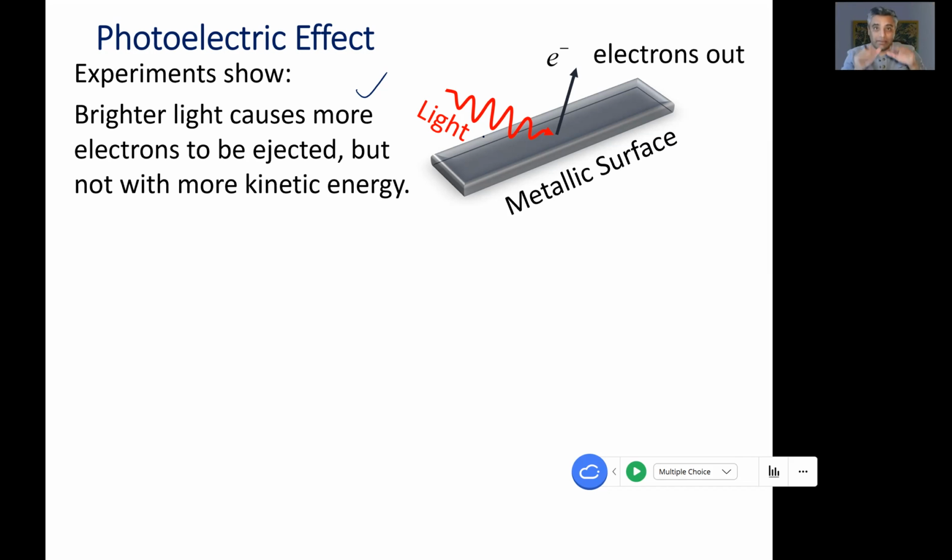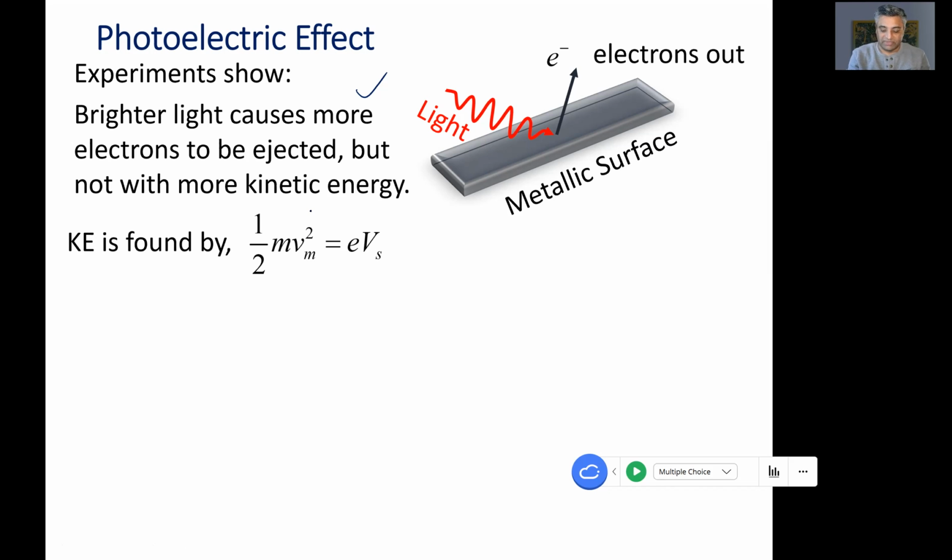That's what we expect based on the classical wave theory of light. But what happens here is, no matter how long you shine the yellow light, it's not going to come out. But if you shine with the blue light, what happens? It instantly comes out. It doesn't even wait. So how do you describe that? That was the challenge for the classical theory.